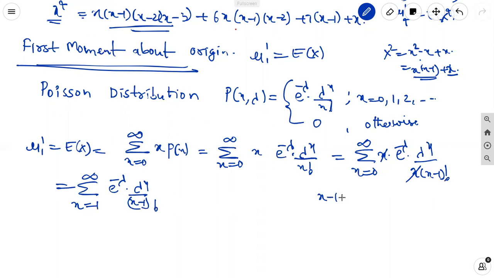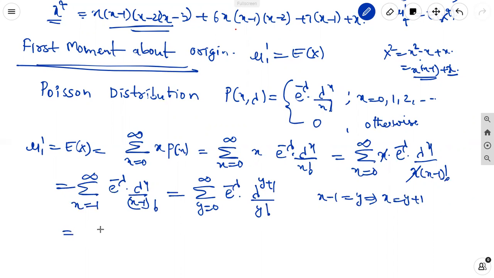Here, put x minus 1 equal to y. From this, x equal to y plus 1. When we take x minus 1 equal to y, the summation can be transformed into the y variable. The y variable starts from 0 to infinity, e power minus lambda, lambda power y plus 1 by y factorial.